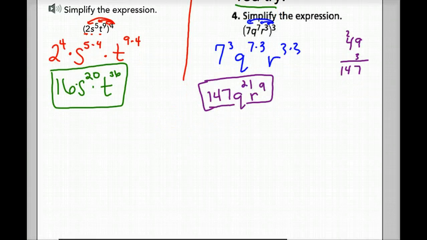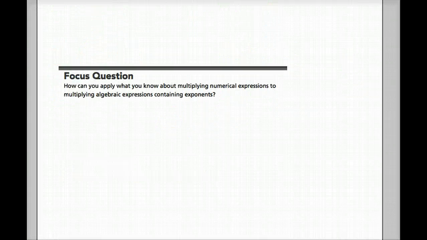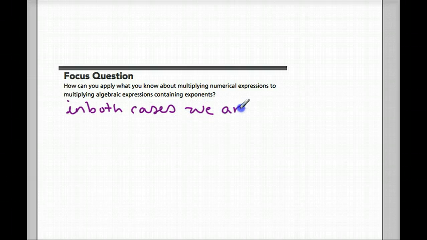Now we focus on our focus question. How can you apply what you know about multiplying numerical expressions to multiplying algebraic expressions containing exponents? Basically, what they want you to learn from this is in both cases, we are simplifying expressions.